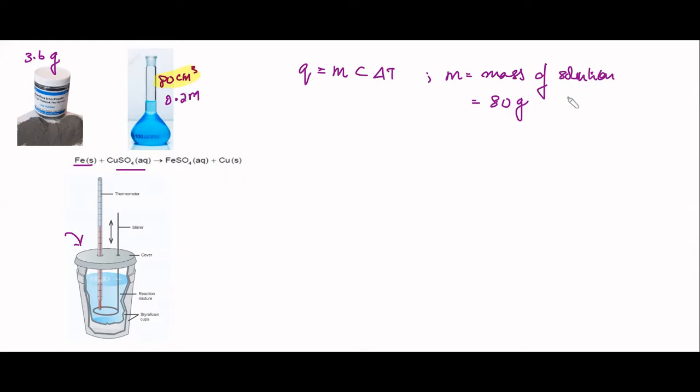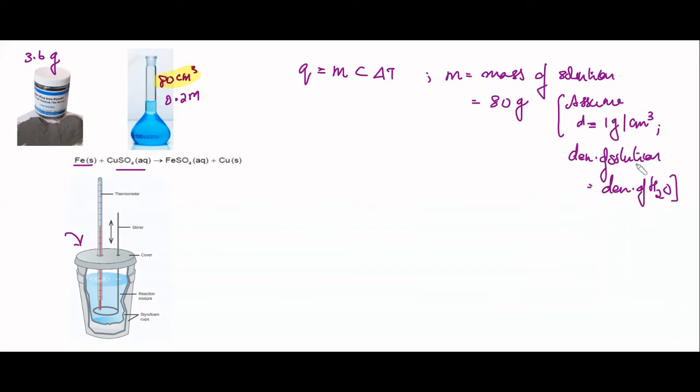So assuming that the density is equal to 1 gram per cm³, we are just assuming the density of the solution to be equal to the density of water. This is an assumption made here. From that only we are getting the mass as 80 grams.